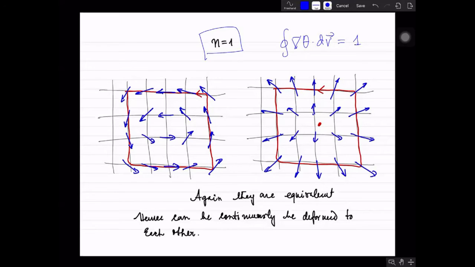In both cases, the order parameter just goes around the circle as I go along this red loop. Both of them are n equal to 1, units of 2 pi. And then again, they can be deformed continuously into each other, so they form a class of spin configurations.